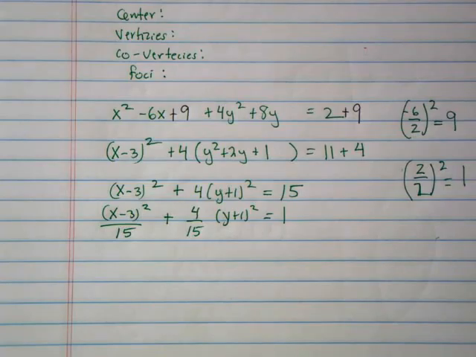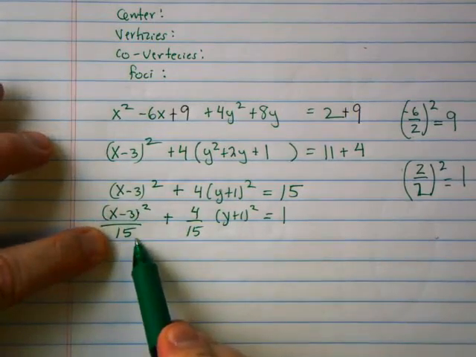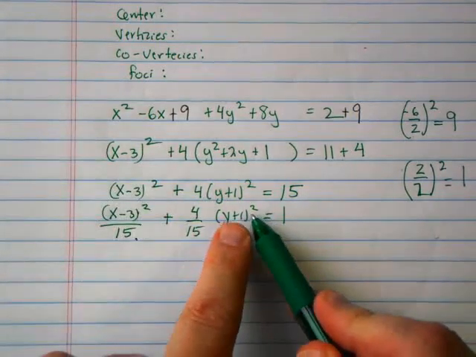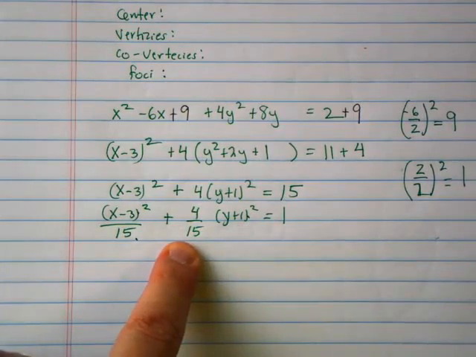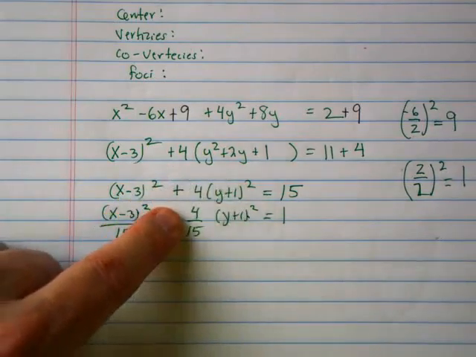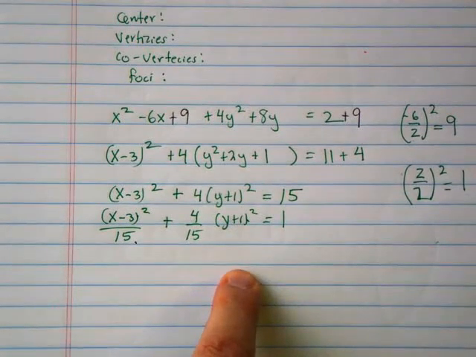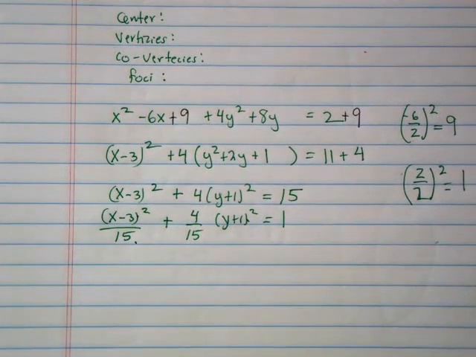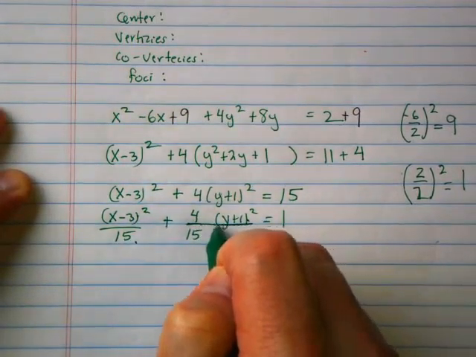That's very, very close, but it's still not right. Because I need the x's divided by a number, and then I need the y's divided by a number. So how do I take y plus 1 squared times 4/15 and write it as y plus 1 squared divided by some sort of number? I'll make a big fraction bar.